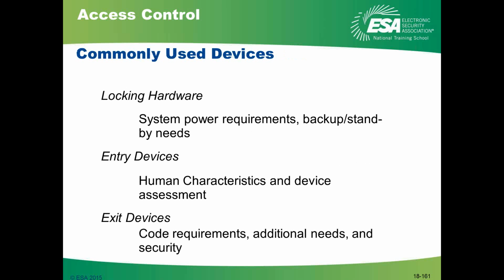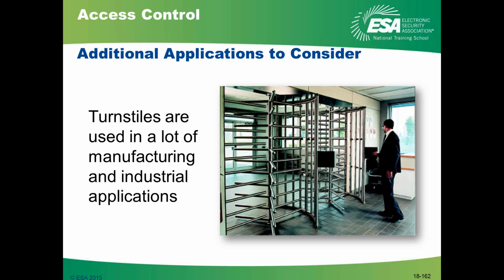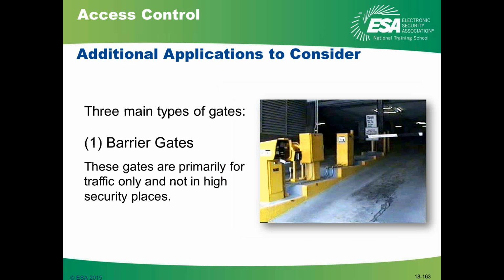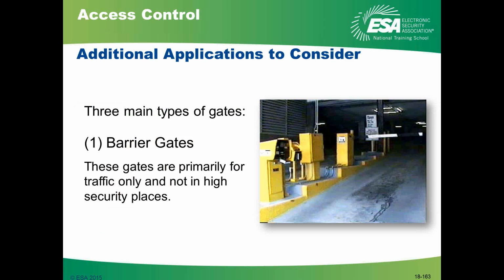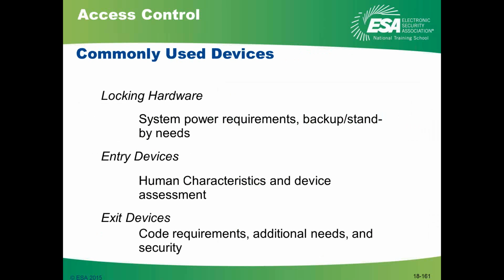We talk about the commonly used devices. We still talk about the code requirements on exit devices. Turnstiles. Additional applications to consider are, again, the different types of gates. One of the things that I talk about in this section is that when we're talking exit devices, we're talking egress, but there are times when ingress becomes a code requirement also.